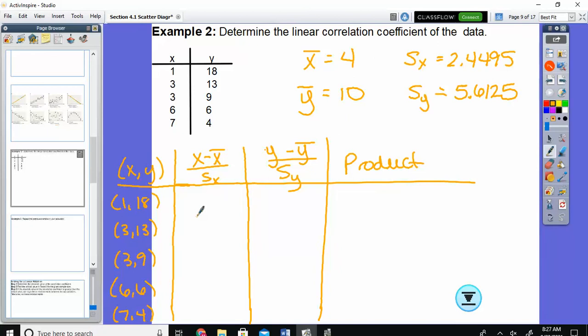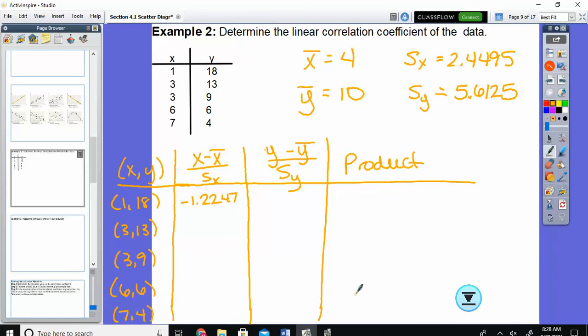So, I'm going to do this on my calculator. I'm going to open parentheses, my first x value is 1, minus the mean of x is 4, divided by standard deviation of x is 2.4495. Do you guys know that if you just hit second enter, it'll bring back up what you just typed in?